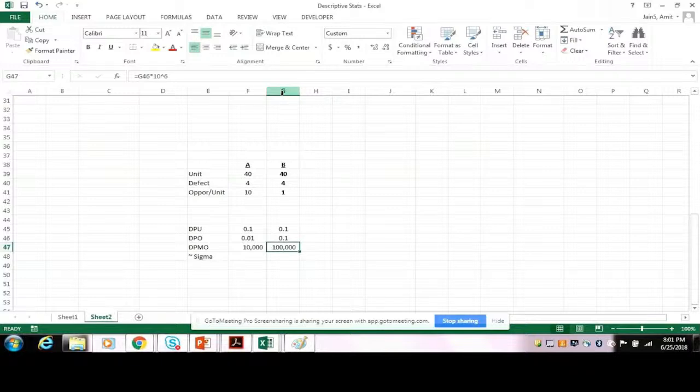It is 0.1 as well? Yep, because there's only one opportunity per unit, so the denominator remains the same. So that will increase our defects to 100,000. Right. Okay. Defects per million opportunities 100,000.